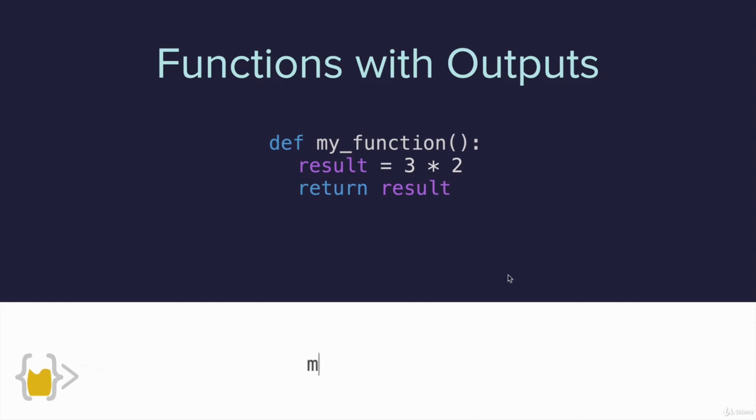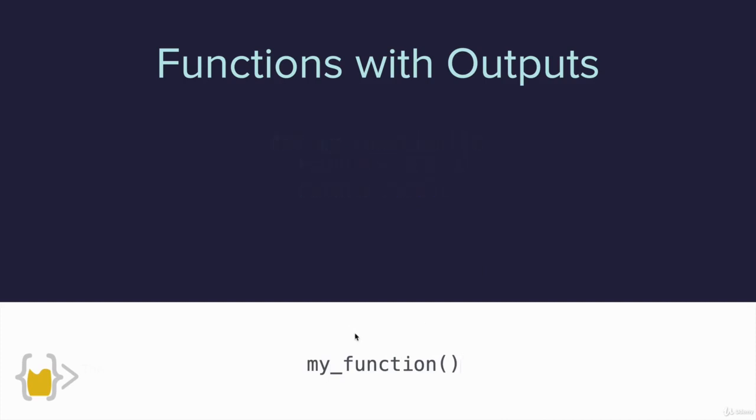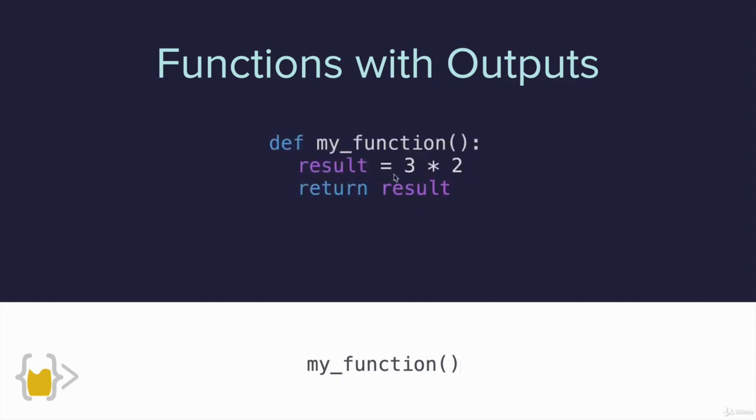What that means is when I call this function later on and it runs, it will go ahead and output this result, and it replaces this line of code where this function was called. Now, that result is held in the code where the function was called, and I could save it to another variable. Result, of course, equals 3 times 2, and that means this output now equals 6.